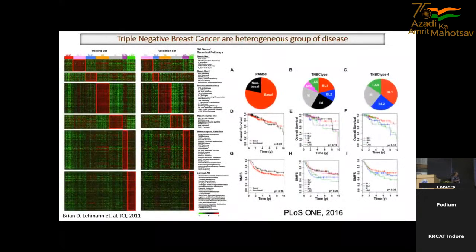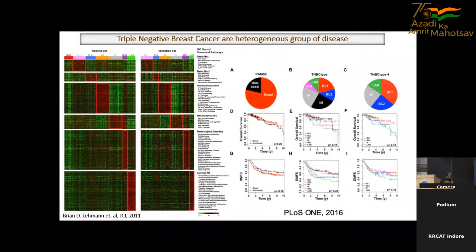So as we know, breast cancer itself is a very heterogeneous group of disease, and TNBC itself is furthermore heterogeneous. So in order to understand that, the Lehmann et al. group actually put good efforts to find out molecular subtypes in triple negative breast cancer by mRNA expression data analysis, and they could cluster those TNBC patients into different subtypes by the expression of certain marker genes that are highly expressed in those particular subtypes.